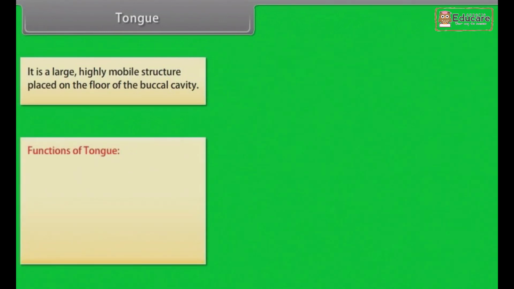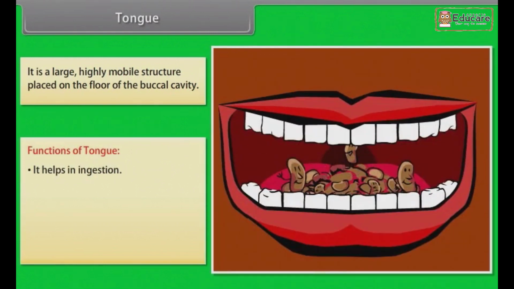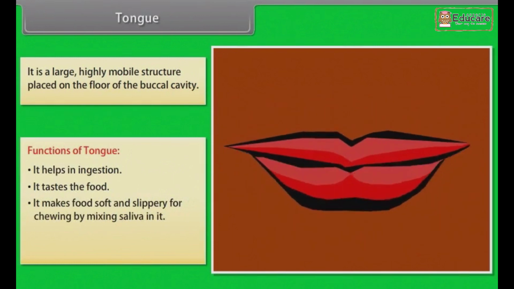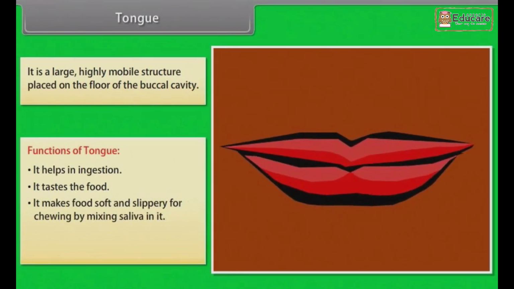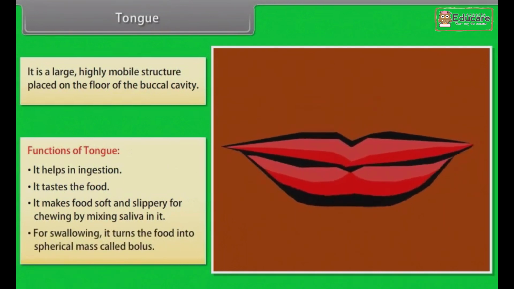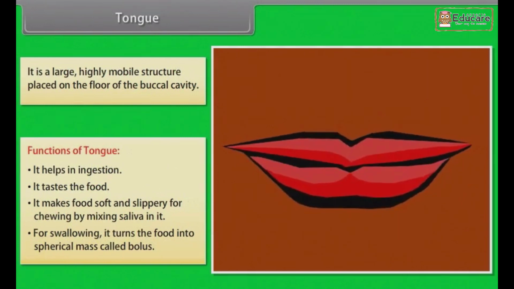Functions of the tongue. It helps in digestion. It tastes the food. It makes food soft and slippery for chewing by mixing saliva in it. For swallowing, it turns the food into a spherical mass called bolus.